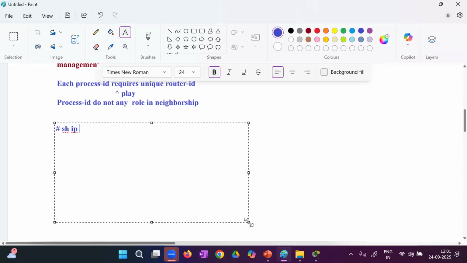We use the show ip ospf neighbor command to check neighboring information and also DR and BDR info.